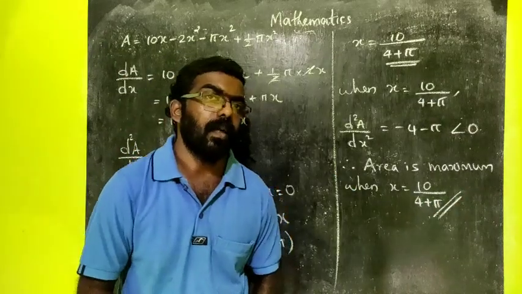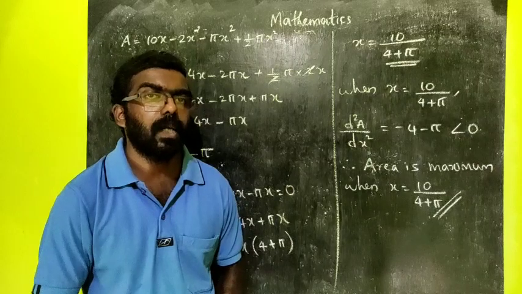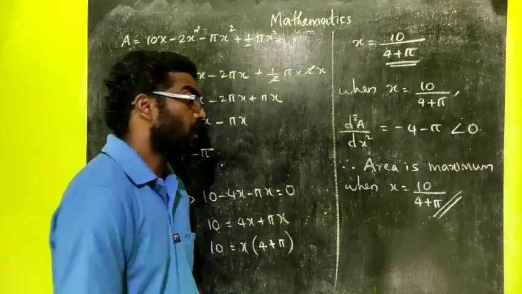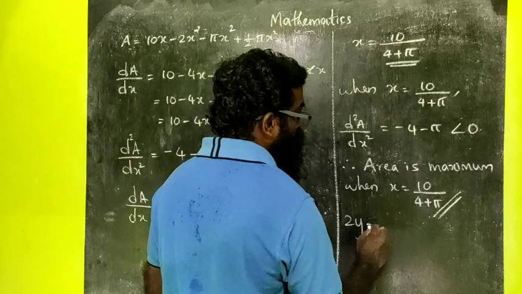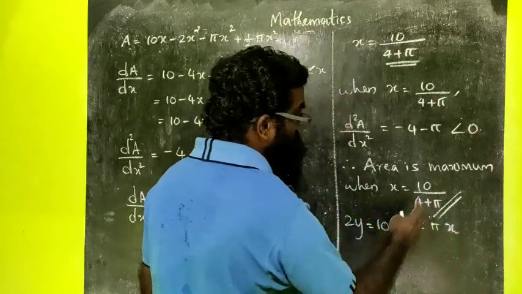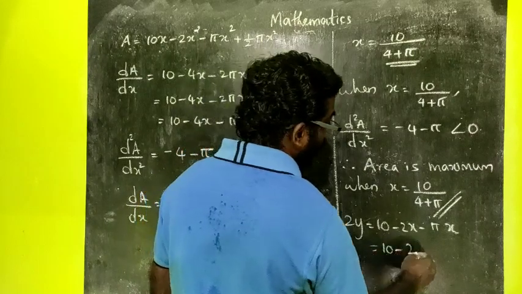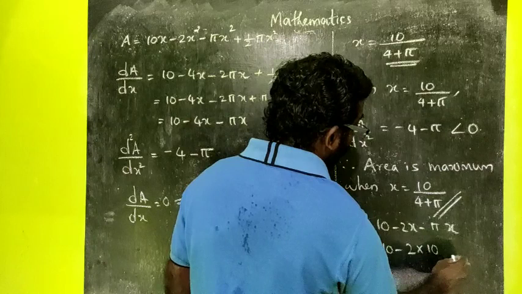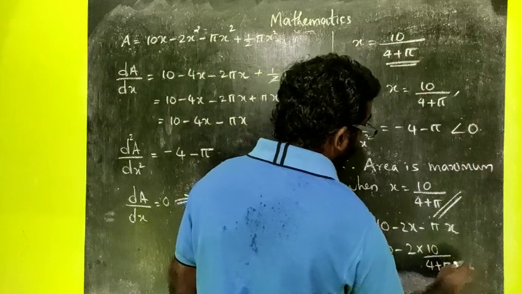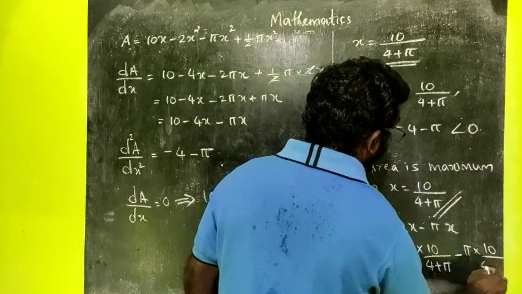Now we have to find the value of y also. We know the value of 2y. 2y is equal to 10 minus 2x minus pi x. So it is equal to 10 minus 2 into 10 by 4 plus pi, then minus pi into 10 by 4 plus pi.